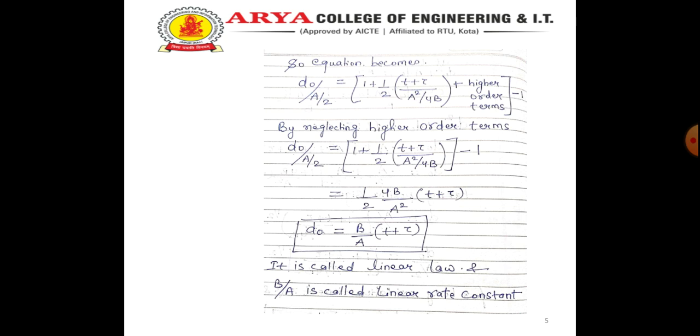The final equation comes as 1 upon 2 times 4b by a square times (t plus tau). After cancellation, we get d0 equals b upon a times (t plus tau). It is called the linear law, and b by a is called the linear rate coefficient. That's why it is called the linear rate constant.